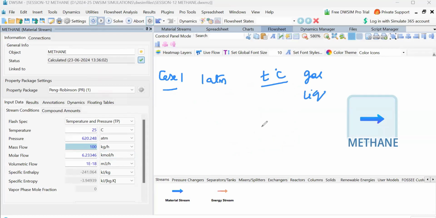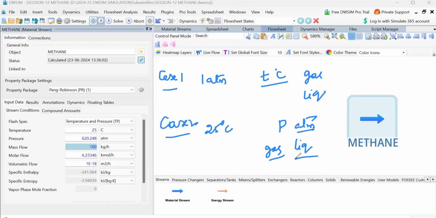Very, very simple. Case 2, if I want to operate at 25 degrees centigrade, what is the pressure in atmosphere till which it is gaseous state, and what is the pressure at which it is becoming the liquid state? My only two conditions are there here. So gaseous state and liquid state. I'm trying to understand that.